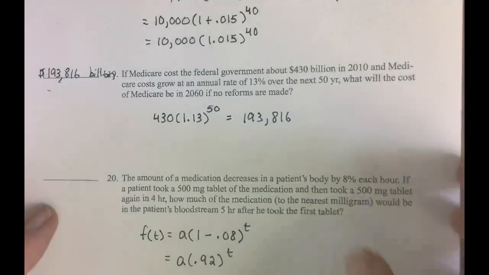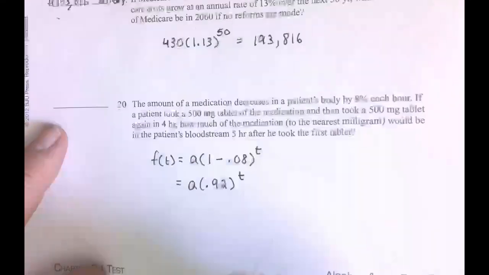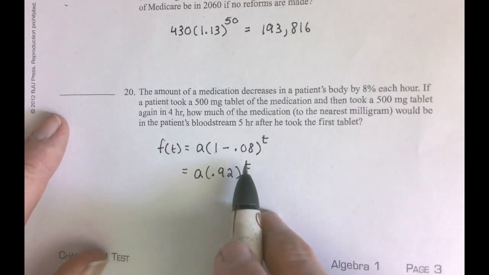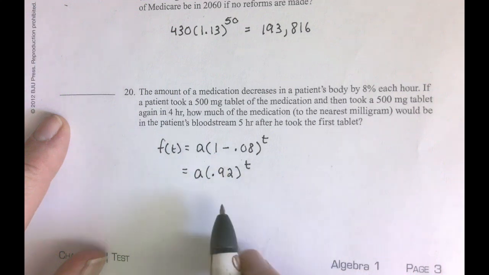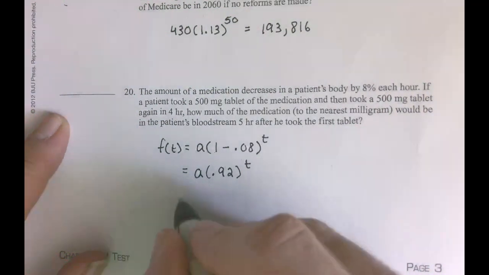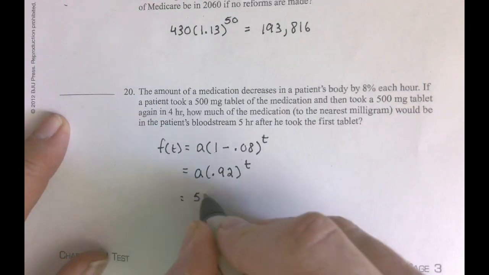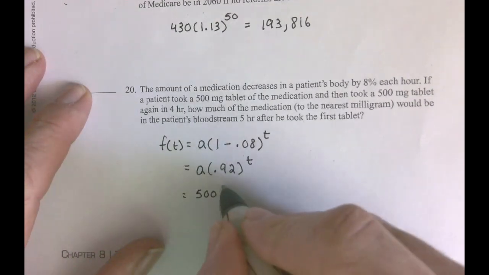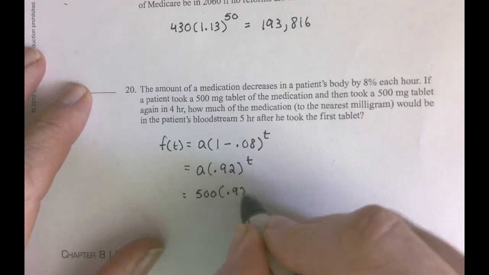Okay, so now all we have to do is figure out what A and T are going to be. Well, the A is going to be 500. It's going to be that 500 milligrams. So I'm just going to go ahead and plug that in right now. 500 milligrams times 0.92.